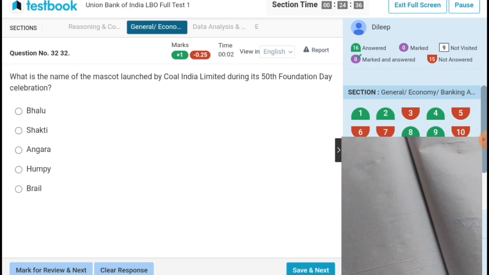What is the name of the musket? Shakti. What is the name of the musket launched by Coal India Limited during 50th Foundation Day celebration? I think Angara or Shakti. Angara, I think.